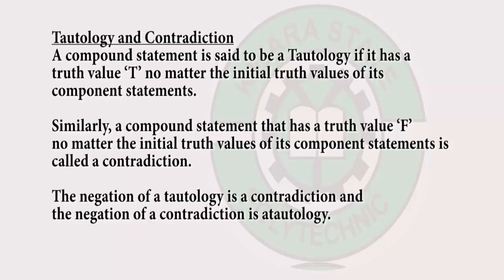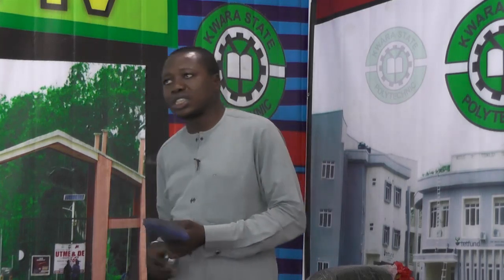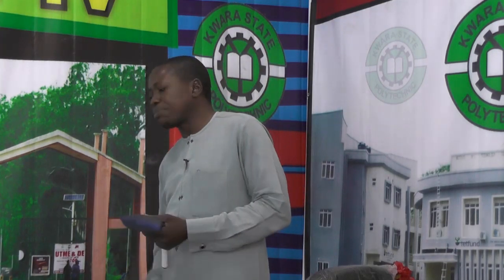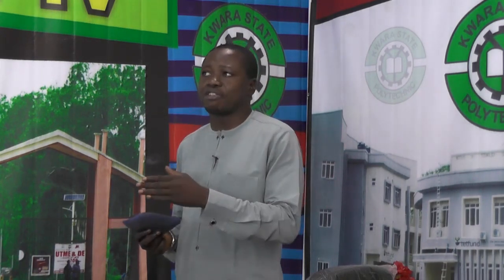The last column, if you are adding T throughout, everything is true. So it means that statement is what? Is a tautology. And the other way around, contradiction. Similarly, a compound statement is a contradiction when it has truth value F. Remember the tautology is T, but the contradiction is F.